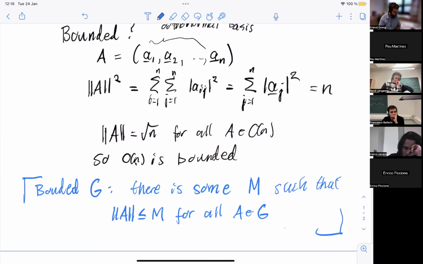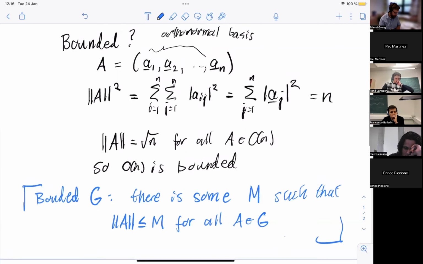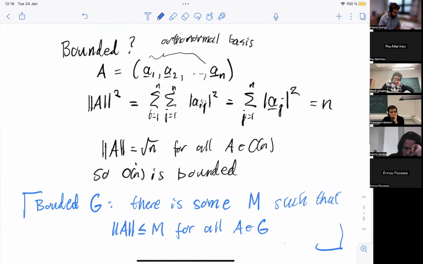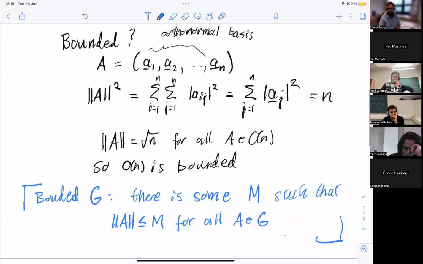So when we talk about being closed and bounded, what we mean by bounded is that you can't have matrices of an arbitrary size with respect to this Hilbert-Schmidt norm.